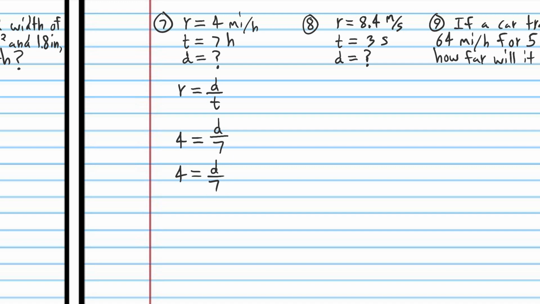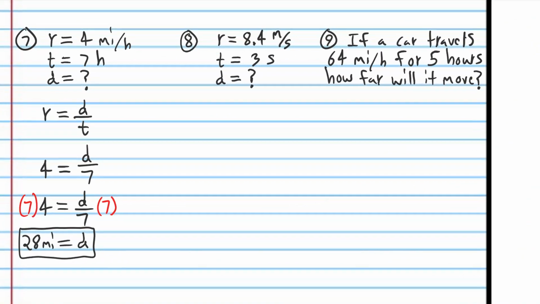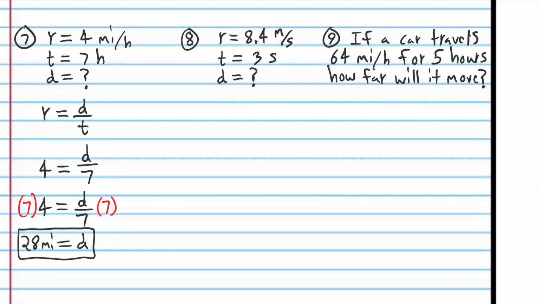I have to multiply by 7, and to show multiplication, we use parentheses. So the 7's cancel out, and I'm left with D is equal to 28 miles. So again, this is the formula that you need to write down or remember for these problems. So I want you now to try problem number 8, and when you come back, we'll do it together.